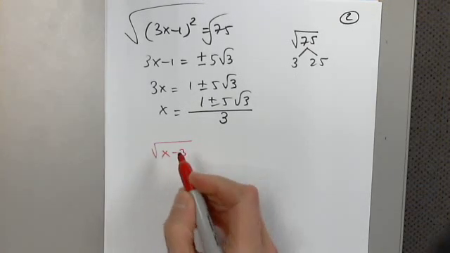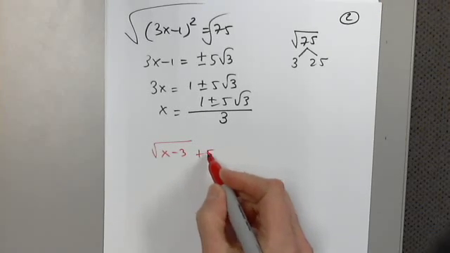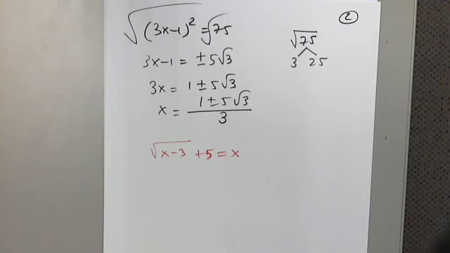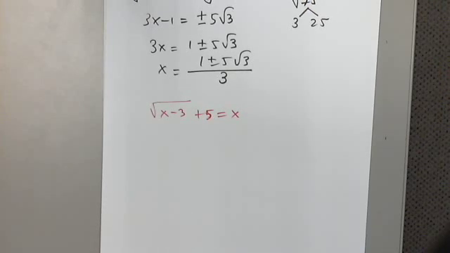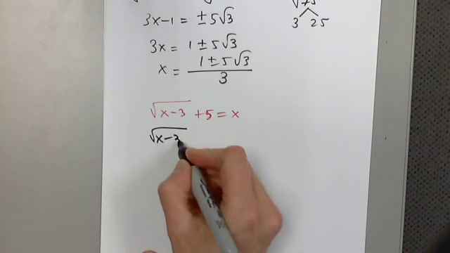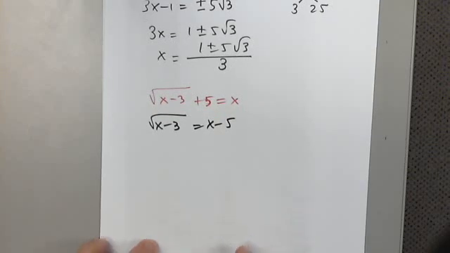The square root of x minus 3 plus 5 equals x. What type of equation is this? It is. Awesome. How do I proceed? What do I do? Exactly. In other words, I must isolate the radical.